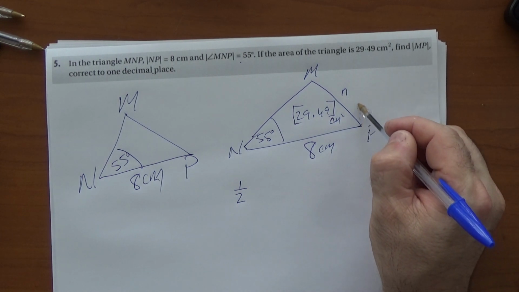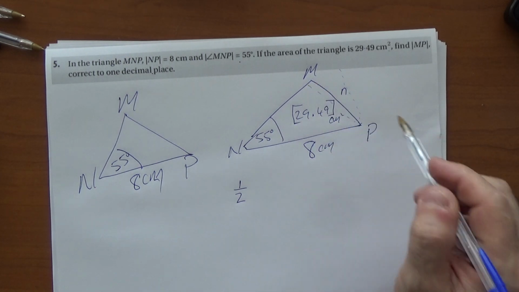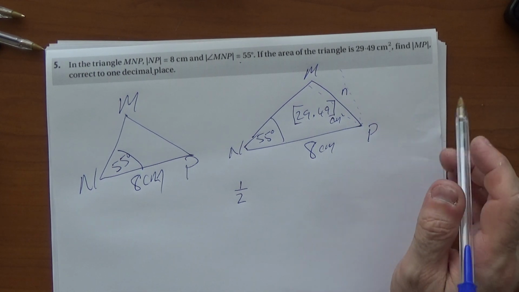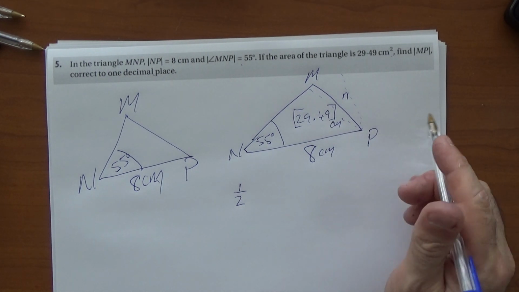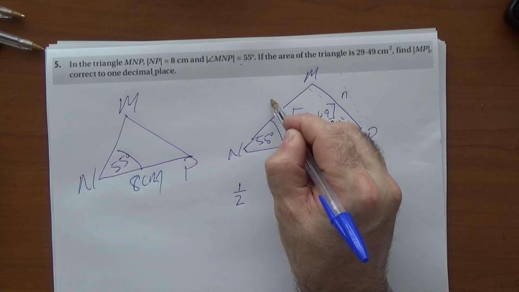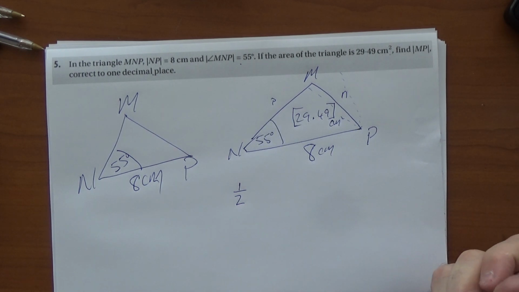I can drop a perpendicular that way onto this. Good question, guys. Very good question. Okay, let's find P first and then N. I don't see a better way. So let's get P.